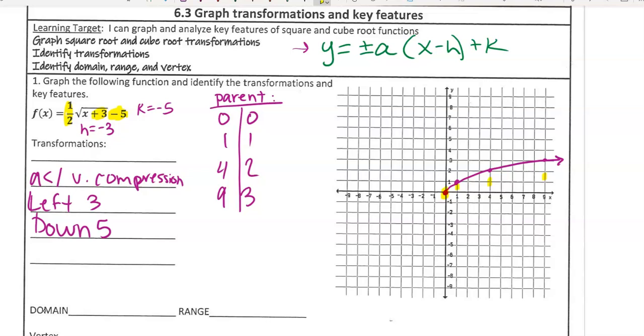All right, now we're going to take all these points and move them left 3 and down 5. So 1, 2, 3, and 1, 2, 3, 4, 5. Did I move the wrong one? I think I did. Let me recount: 1, 2, 3, 4, 5.